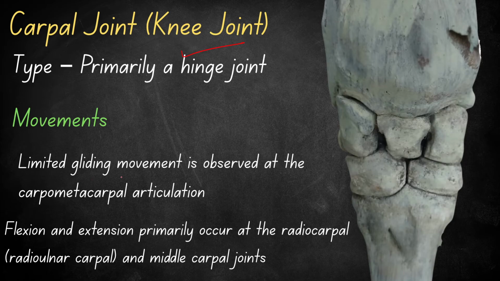Movement: you will find a limited gliding movement at the carpo-metacarpal articulation. Carpo-metacarpal articulation means these are the carpals and this is the metacarpals. Here you will find limited gliding movement, but flexion and extension occur at the radiocarpal and midcarpal joints.